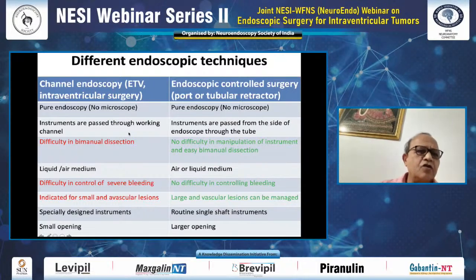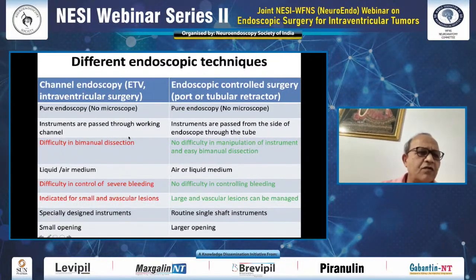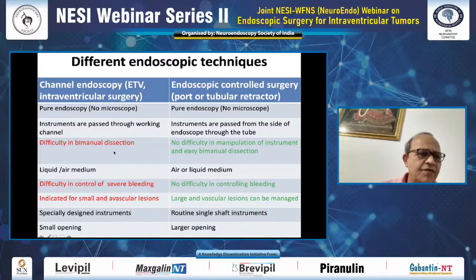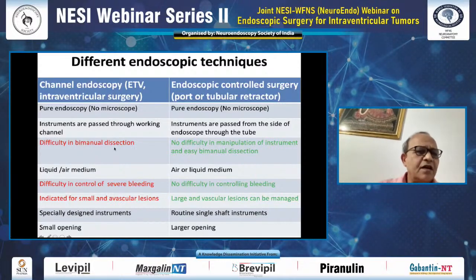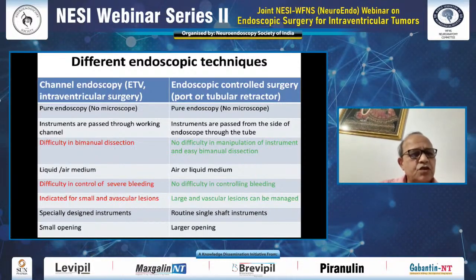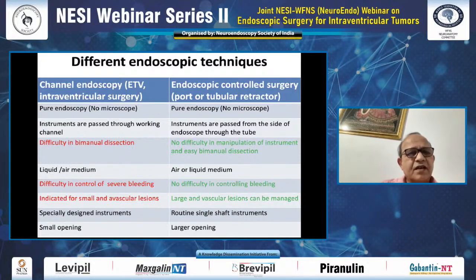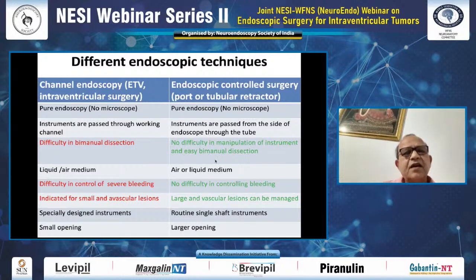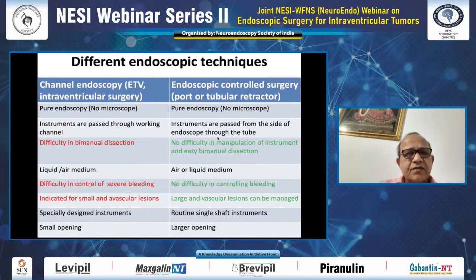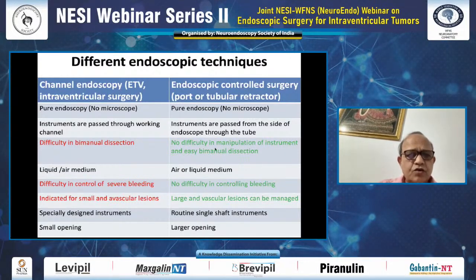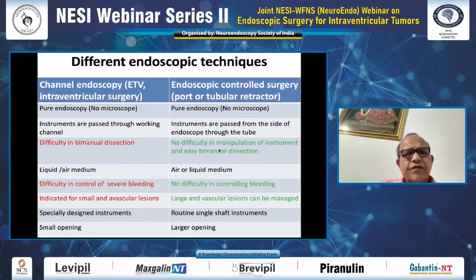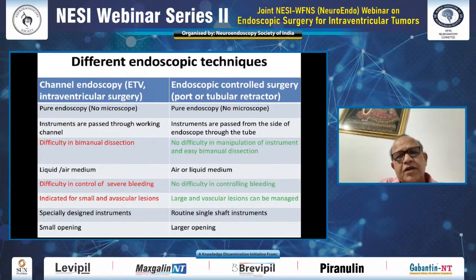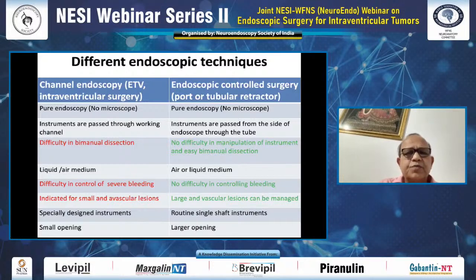In channel endoscopic surgery, there is a difficulty in bimanual dissection because the instruments are passed through the working channel. So the angulation and the bimanual dissection is not possible. Whereas if you use port surgery or tubular retractor, there is no difficulty in manipulation of the instruments and bimanual dissection is possible.